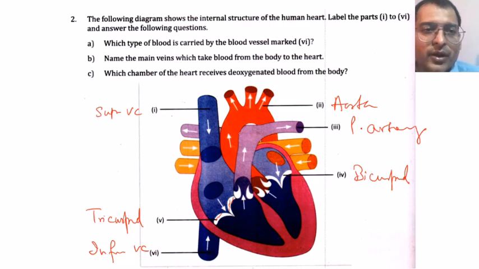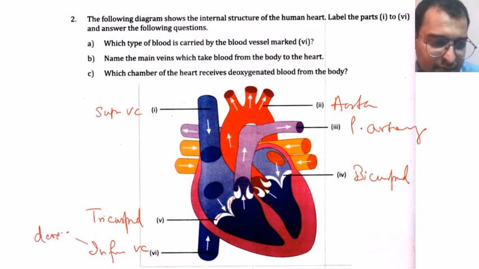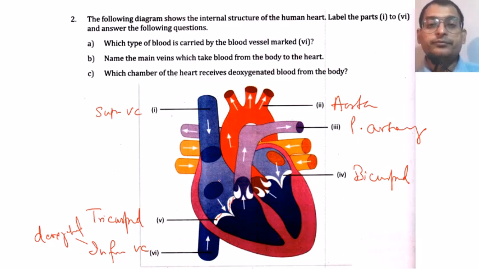Okay, which type of blood is carried by the blood vessel marked as number 6? Number 6 will carry the deoxygenated blood. Okay, it will carry deoxygenated blood into the right atrium.